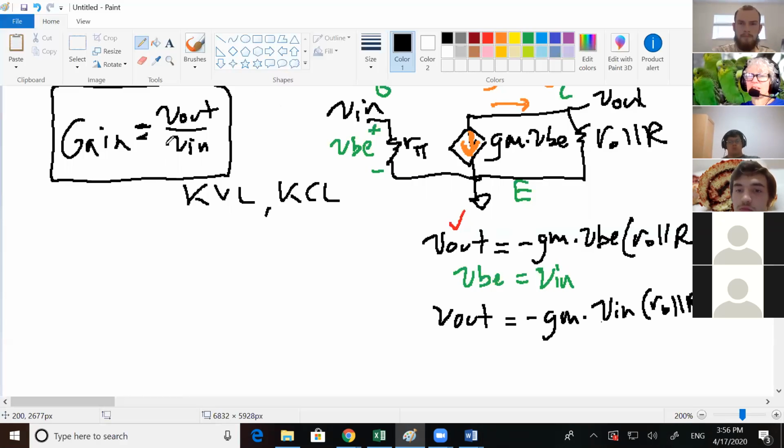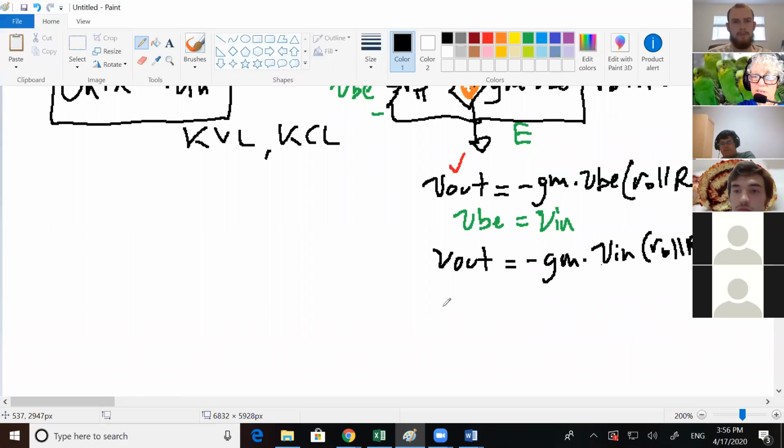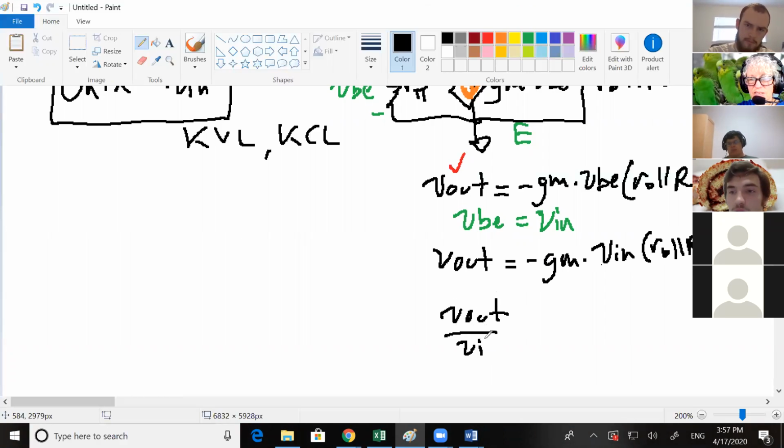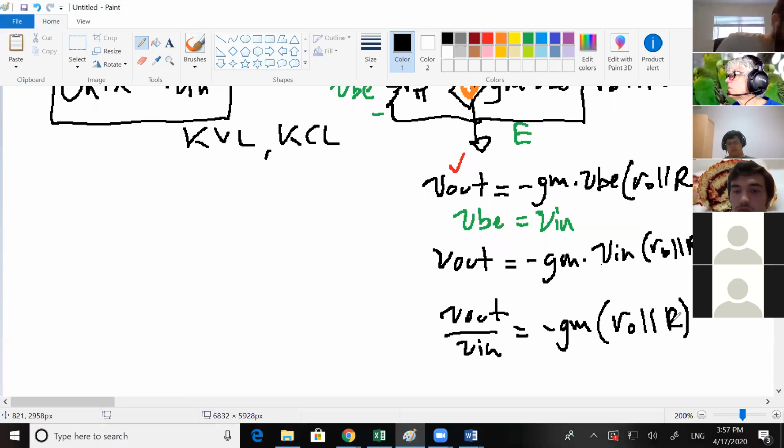So that's good. But what we're looking for is V out over V in. So we have to take this one more step to get V out over V in. Just divide each side by V in. Perfect. And now you have the equation for gain for a common emitter amplifier.